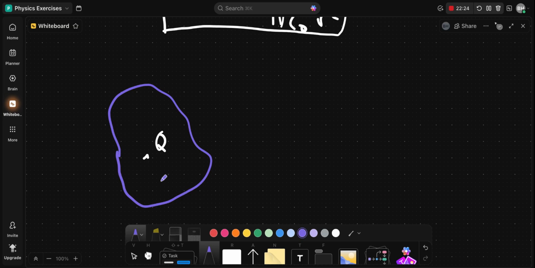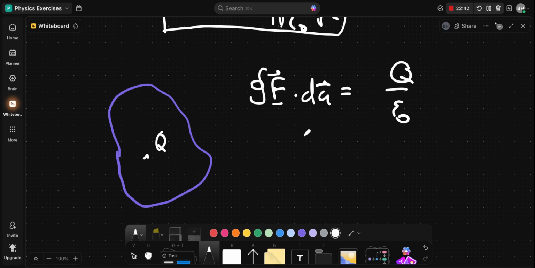It's still going to be true that the integral of E dot dA is equal to Q over epsilon 0. It's not only for the spherical surface that we have chosen, which is the convenient one to do the integral, it's also true for an arbitrary surface.